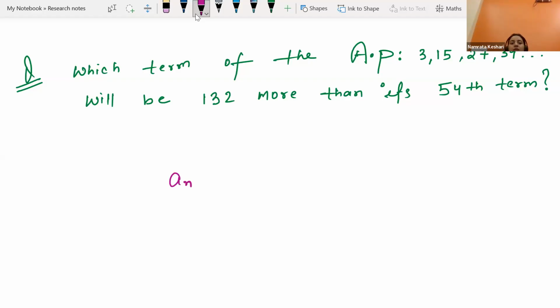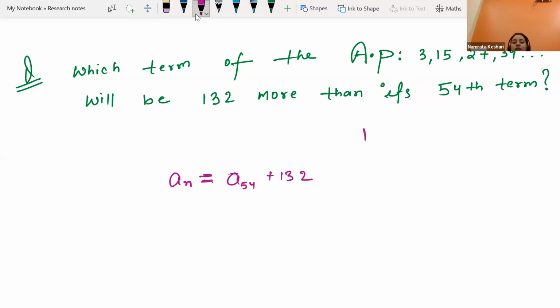The nth term is 132 more than its 54th term. Okay, either you can write it like this: since you are giving an equality sign, you can write it as 54th term plus 132.